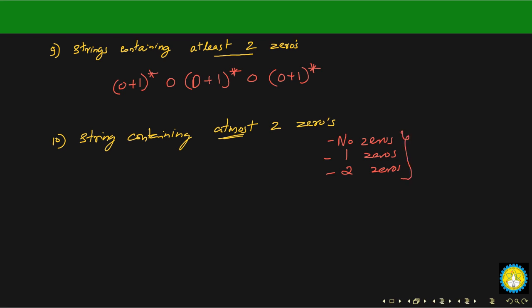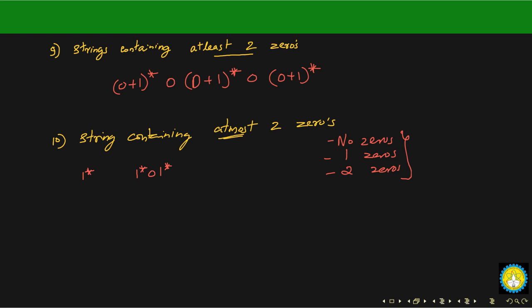Now let's start designing this. For the first case, there are no zeros at all. I can say it as 1 star. 1 star would represent all the strings without any zeros. Now what about one 0? It can be represented by 1 star 0 again followed by 1 star.